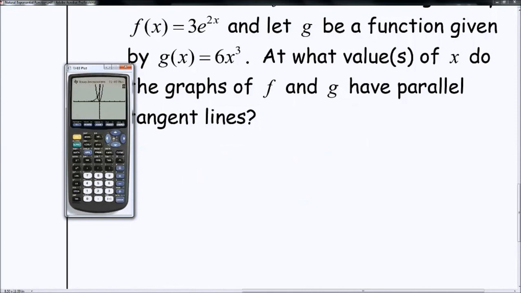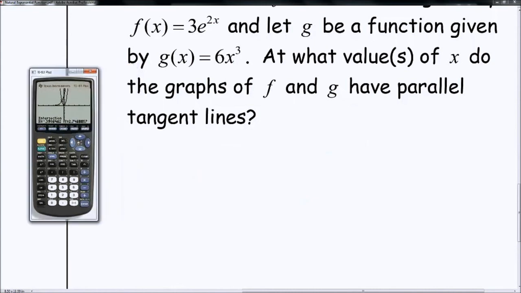And so they're asking, is it y3? Is that my first curve? Sure. Y4, is that my second curve? Sure. And so I want you to estimate. And my intersection, as you can see, is -0.3906. And so what I can do is come over here and just write.